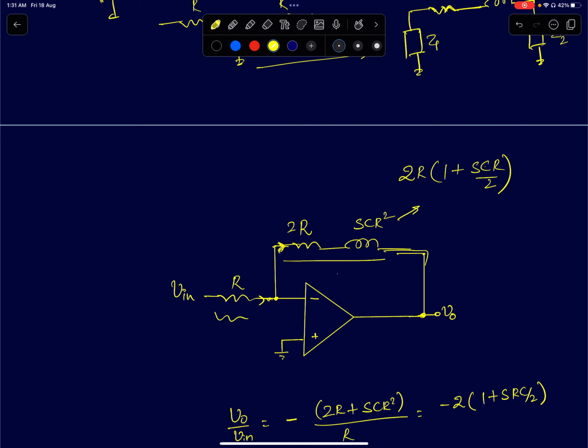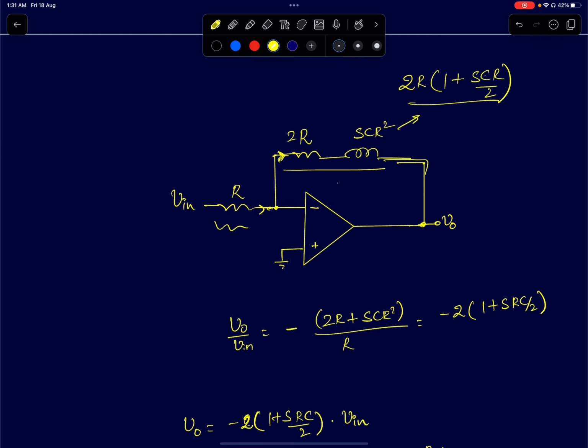So the gain of this circuit will simply be minus of ZF, the feedback network impedance, divided by Z input, which is R here. So you get minus 2 into 1 plus SRC by 2.